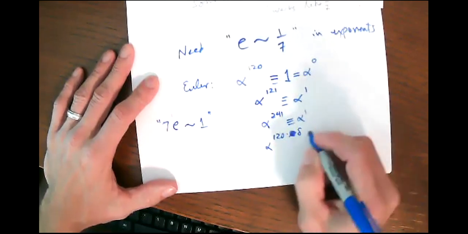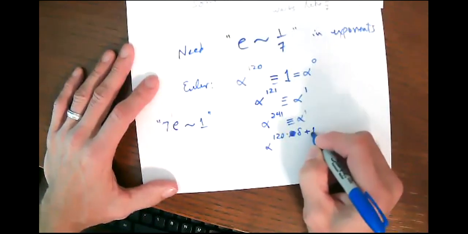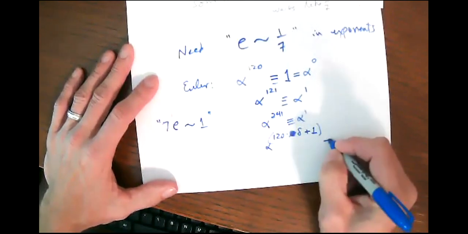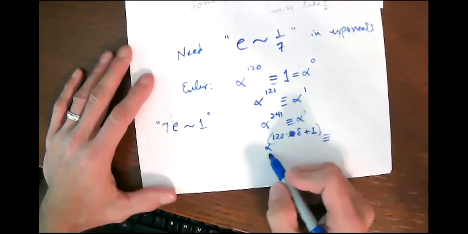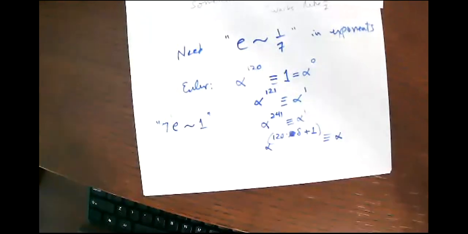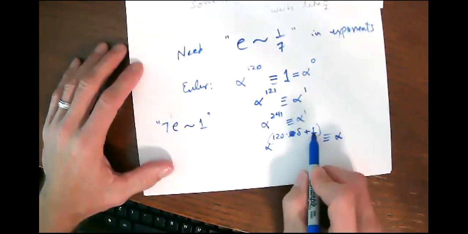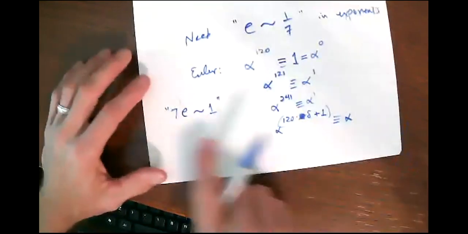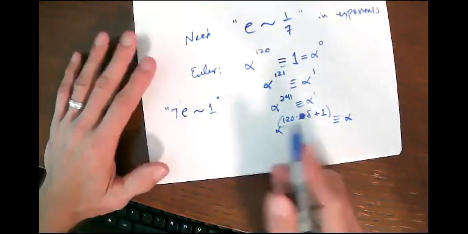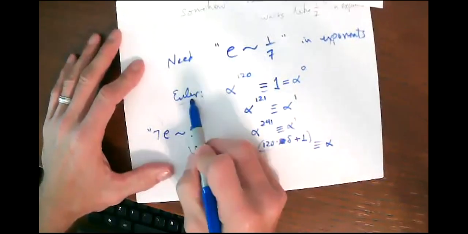Delta. I was going to change it to a kappa, but that looks too close to k. Any exponent of this form, put on any of these numbers alpha, any of the 120 elements alpha, you will get alpha back if you raise it to an exponent which is 1 more than a multiple of 120. So what I'm asking for here is what I really need. Where is the 120 coming from? 120 is right here. That's in Euler's theorem.